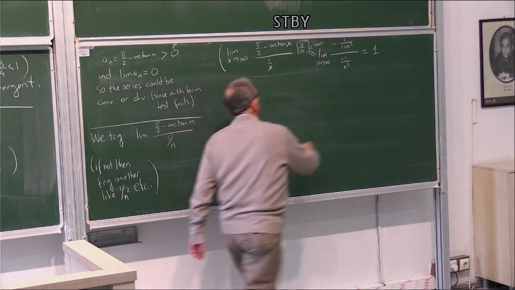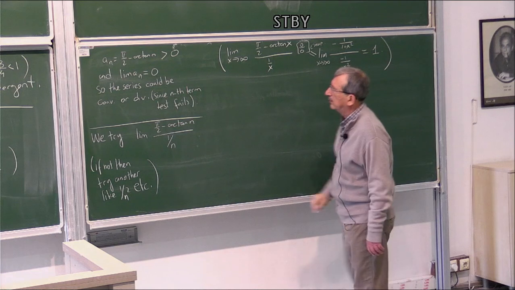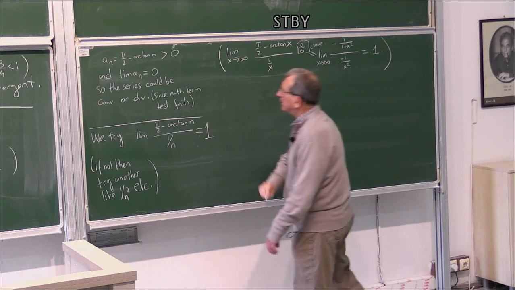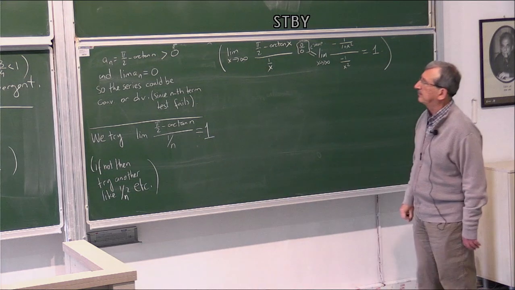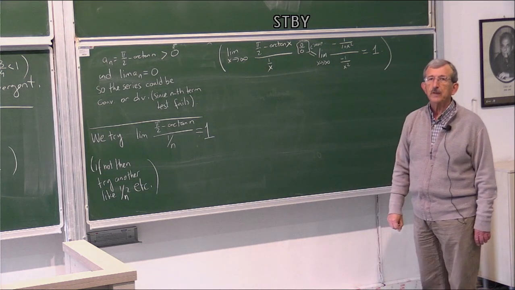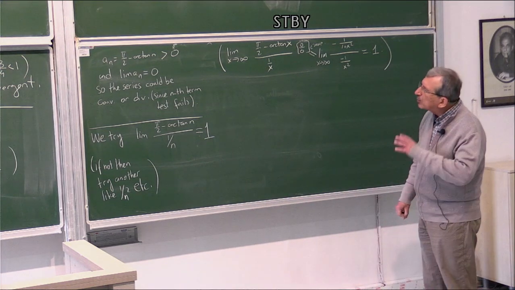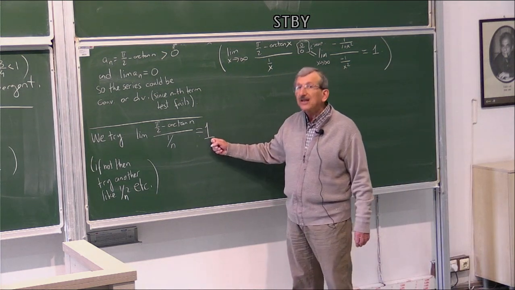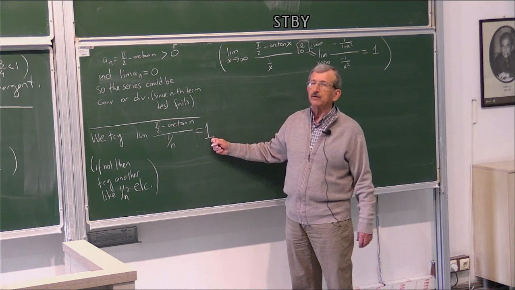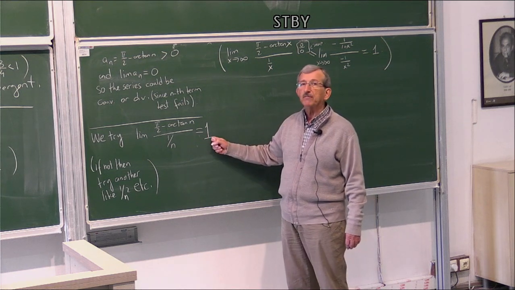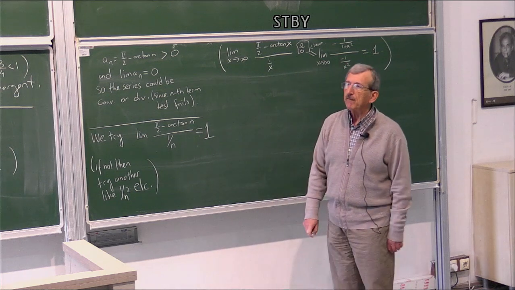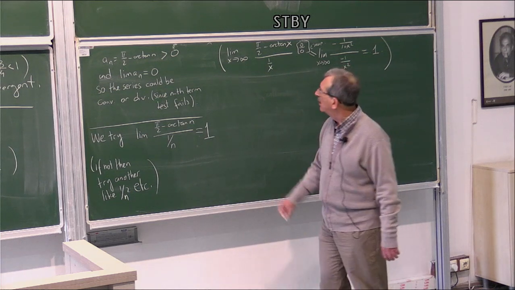And so, okay, when we go back, we see that this limit is 1. Okay. Now, because we reached a limit value which is not 0 and which is not infinity, a finite positive number, the two series behave similarly. Okay.